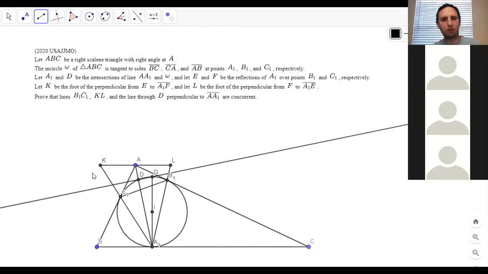Yeah, so we don't even really need K and L, you're right.